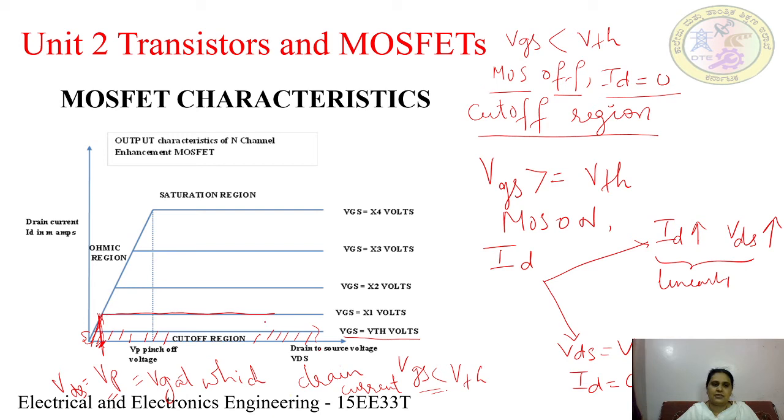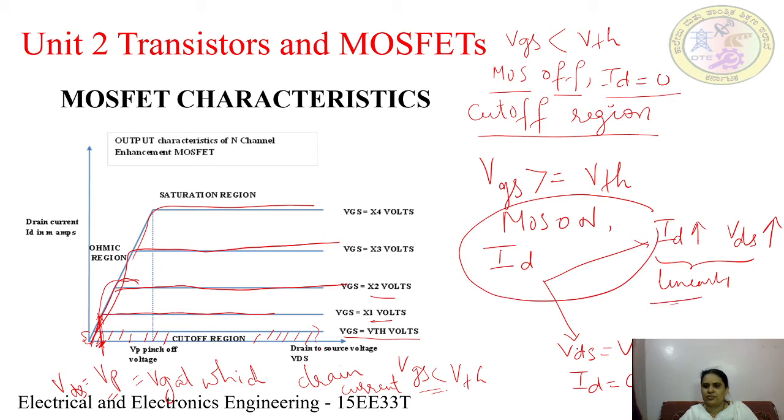Okay. A similar set is obtained if I increase the value of VGS from x1 volts to x2 volts. So this is the characteristics. Similarly for this one. So now the MOS is on, and we have two phenomena of the drain current.